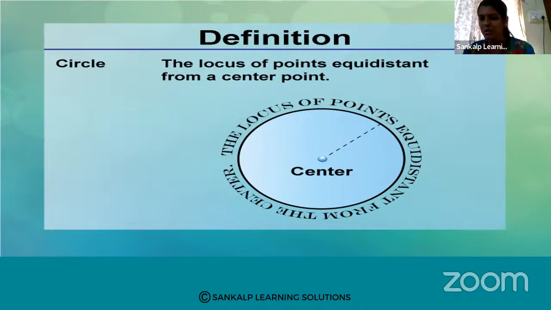First comes the topic name, areas related to circle. Then what do you mean by circle? Circle means the locus of a point equidistant from the center point.